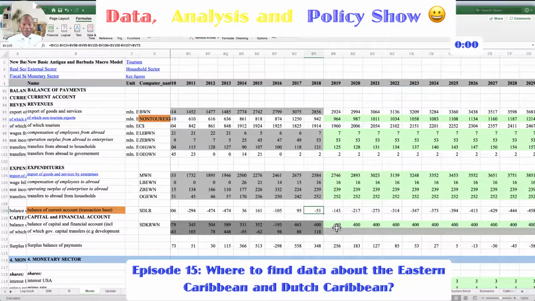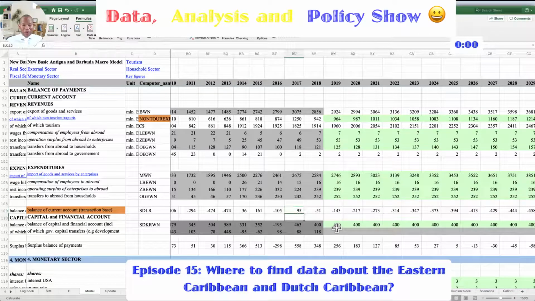That's not a lot, I can tell you, compared to Curacao. Curacao has a huge deficit for the last years, and the deficit of the external sector, the exports and the imports, is increasing. And here they had a surplus, so they had more exports than imports. That's what we want to see.